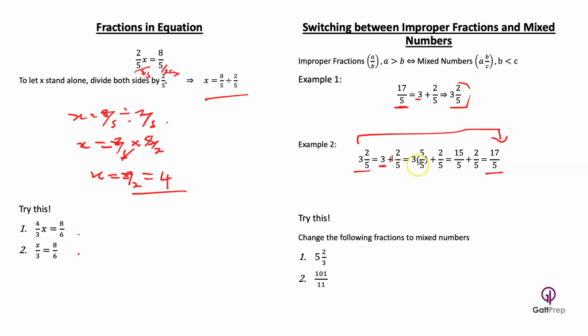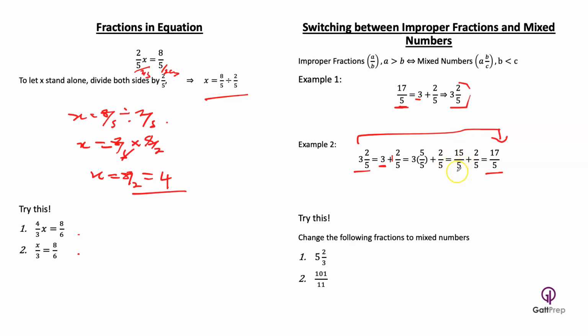And then here, essentially, we can put 5 over 5, which is a placebo fraction. It doesn't really change the integrity of our solution. So you put 5 over 5 here, which is essentially 1. And then here, 3 times 5 is 15.